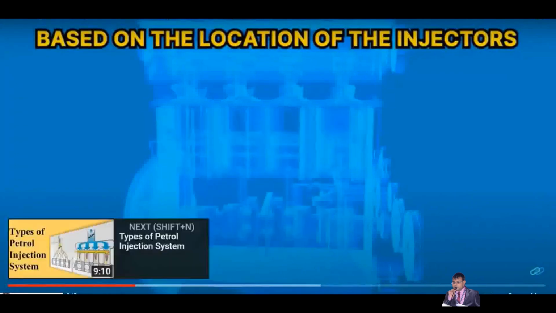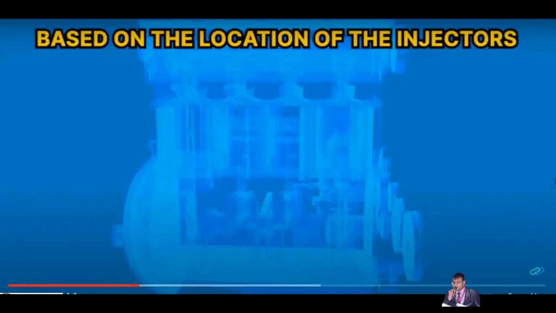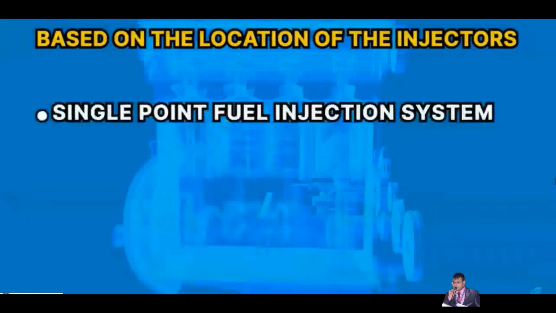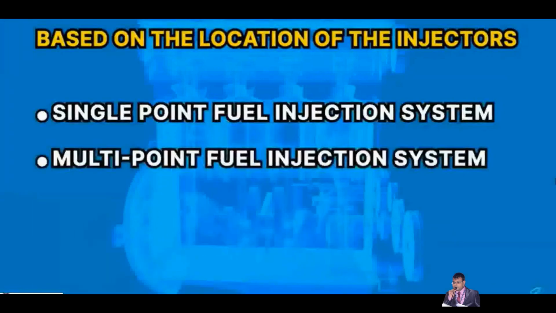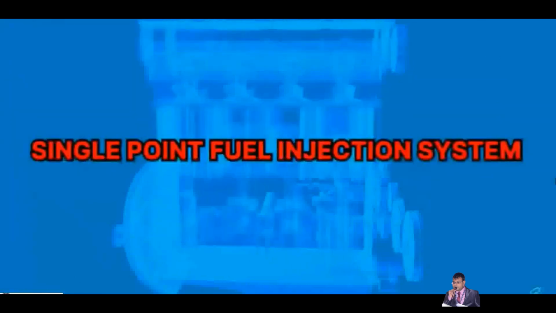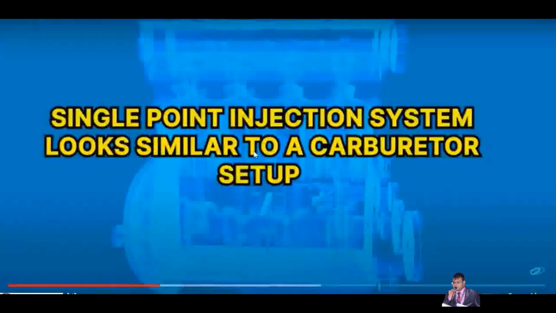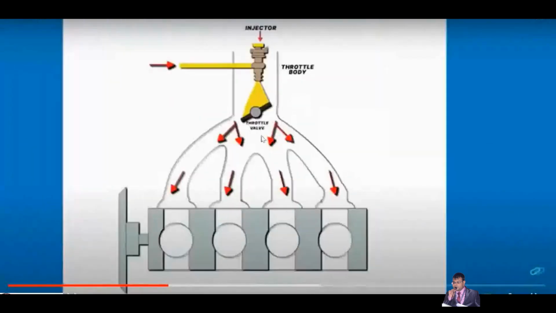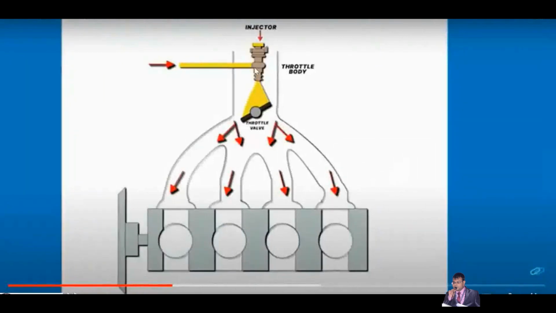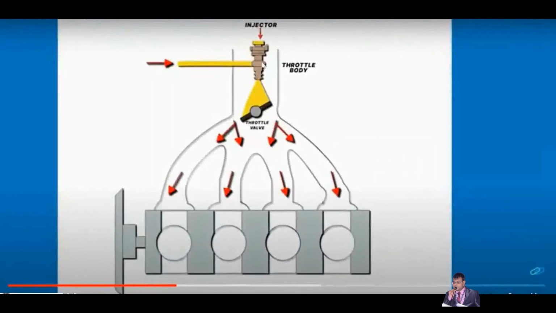So here again, based on the location of the injector, I told you three types are there: single point, multi-point, and gasoline direct injection. In the case of single point, it is similar to the carburetor setup, but the atomization is somewhat better. This is the location where you locate the injector.